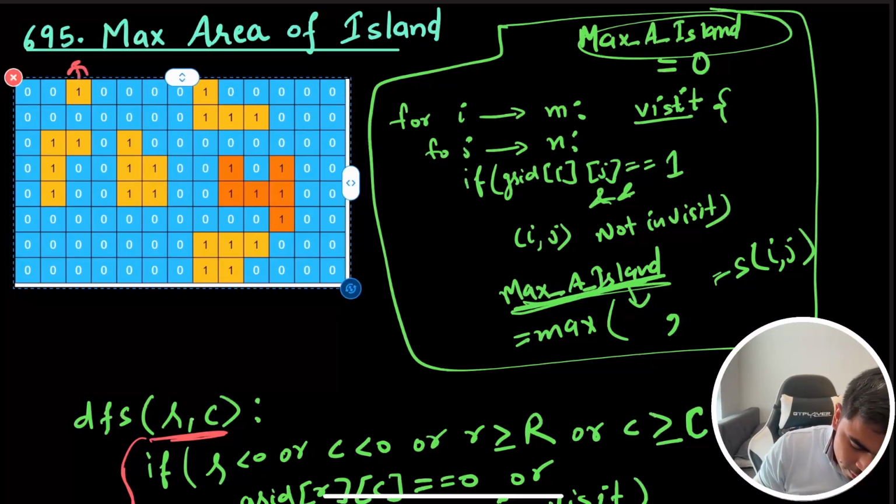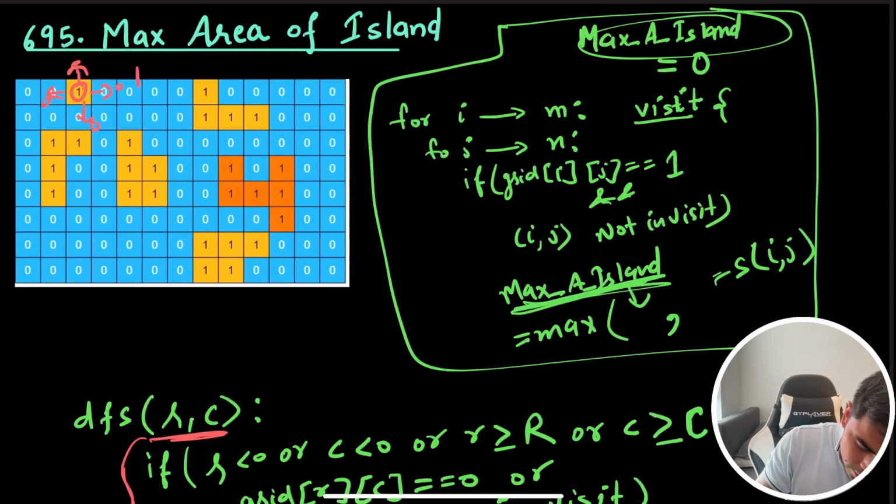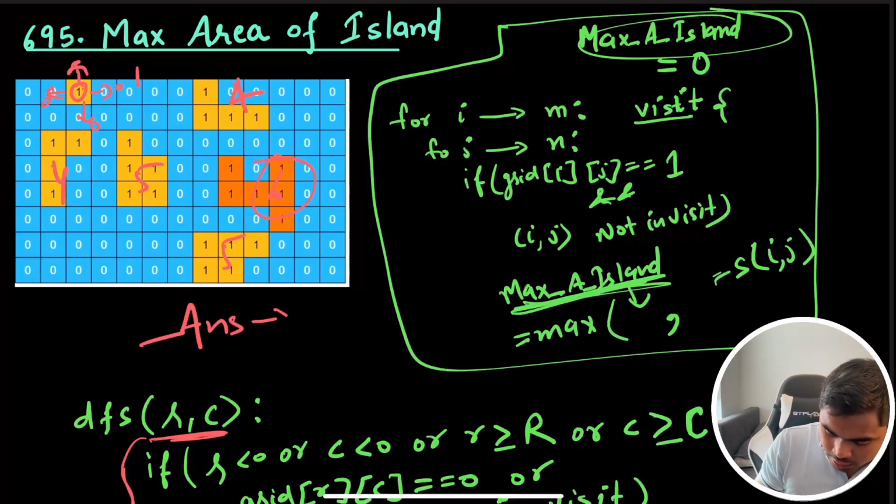So we will get the value 1 here, this will get 4, this will get 5, 4, 5 and 6, and then the maximum value will be updated with 6, and the answer would be 6.